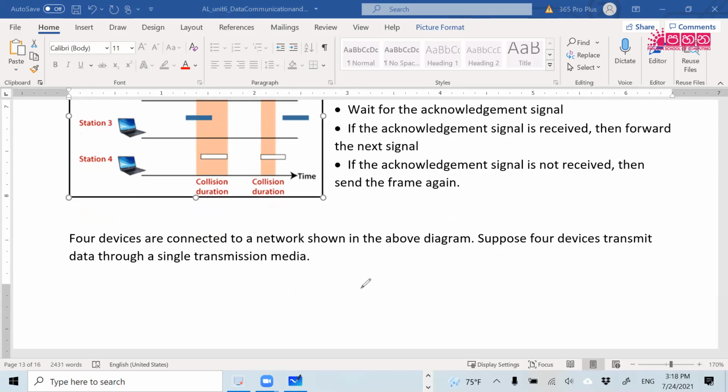Like we have numbered earlier, four devices are connected to a network shown in the above diagram. Suppose four devices transmit data to a single line. So we have a single line to transmit data. So what happens according to the diagram we have drawn?